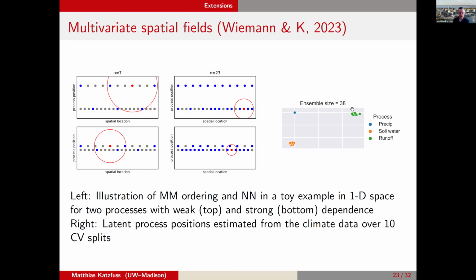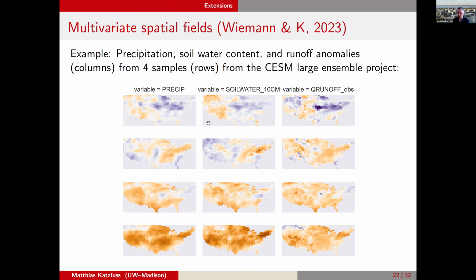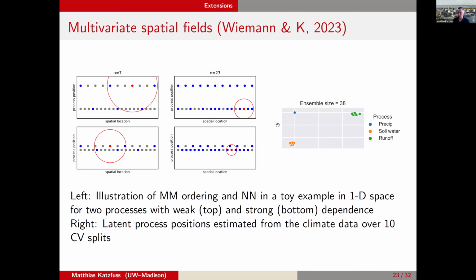This is over 10 cross-validation splits, so you can see we roughly get the same position in each of those CV splits. Then we have a 2-dimensional latent space and a 2-dimensional physical space. So now we do our Maxmin ordering and nearest neighbor conditioning in this 2 + 2, or 4-dimensional, space.